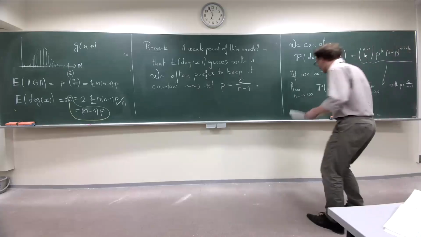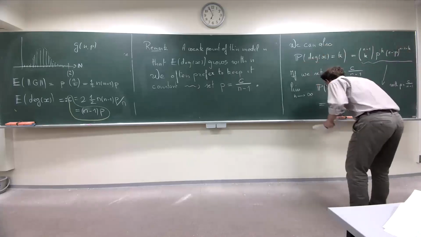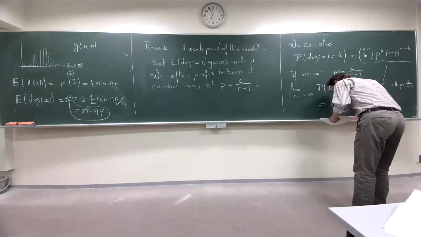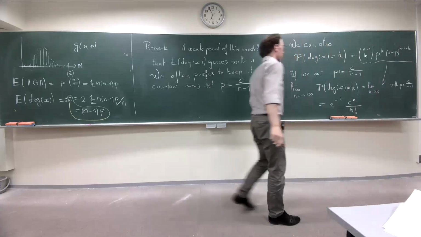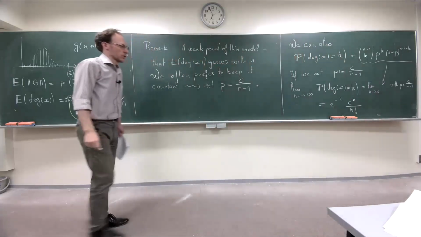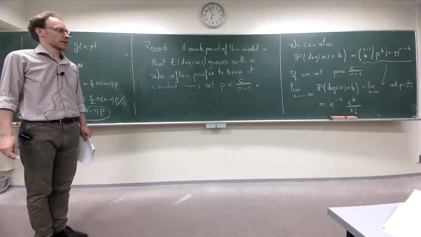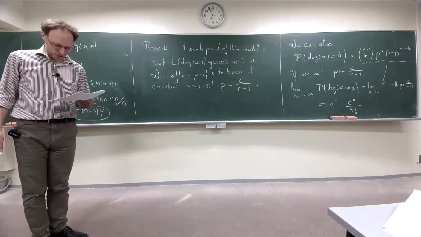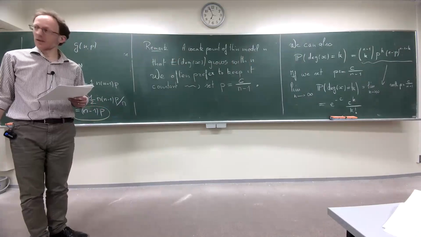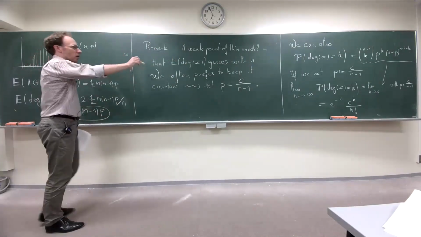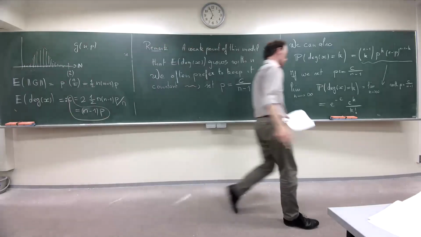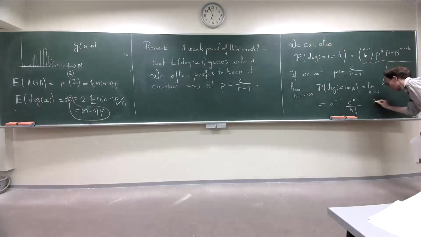I tell you the result. It is e to the minus c, c to the k over k factorial. Of course, it should not depend on n. And what is this distribution? It's a Poisson distribution. So a limit of the Bernoulli distribution in a suitable sense is a Poisson distribution.